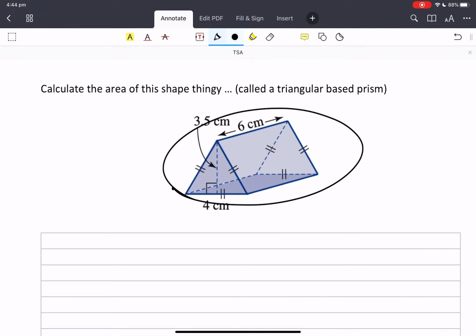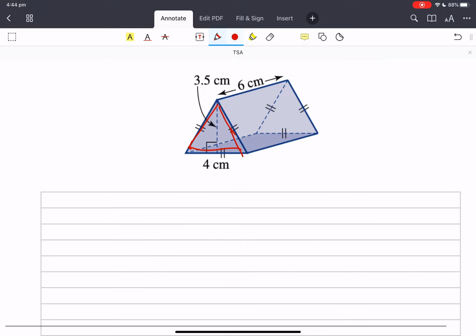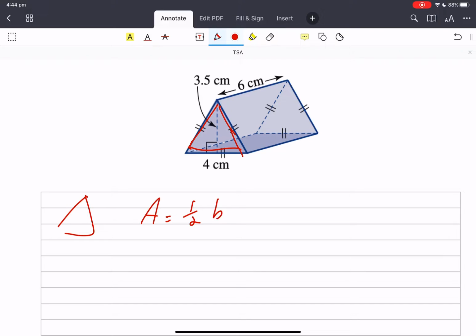Let's calculate the area of this shape thingy. This shape is called a triangular-based prism. Don't really care at this stage. Can you see that we've got a triangle at the front? For the triangle, area equals a half base times height.